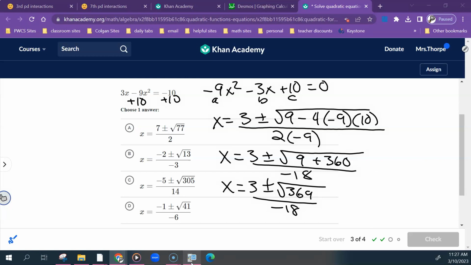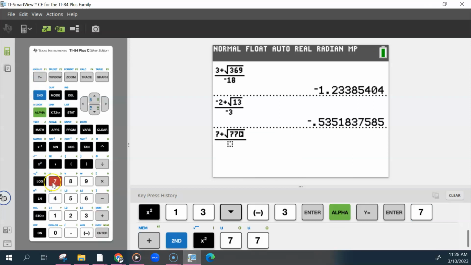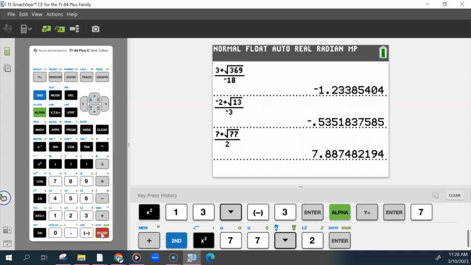Okay. So 7 plus the square root of 77 all over 2. That also does not match. So it has to be C or D. Which one do we want to try first?